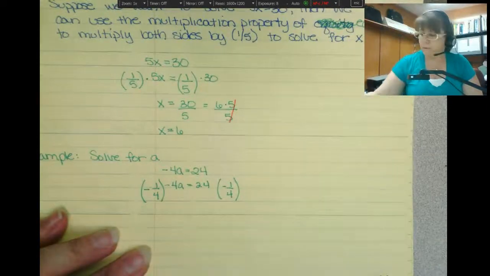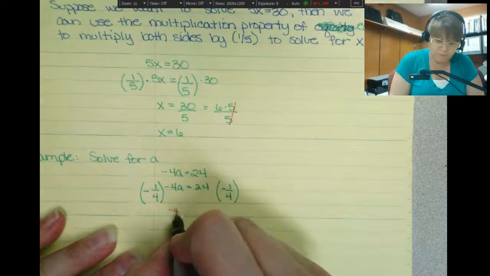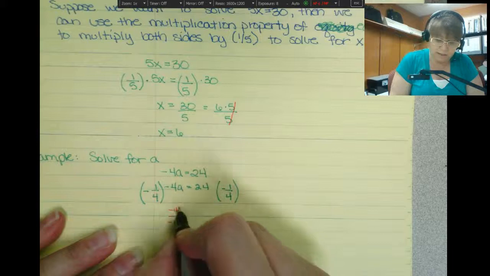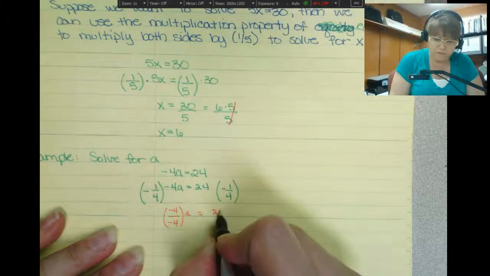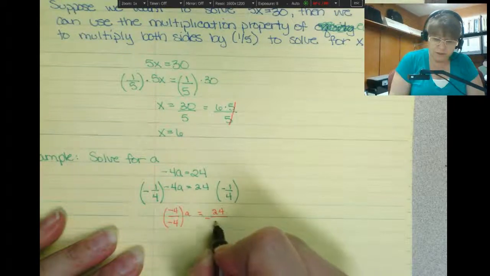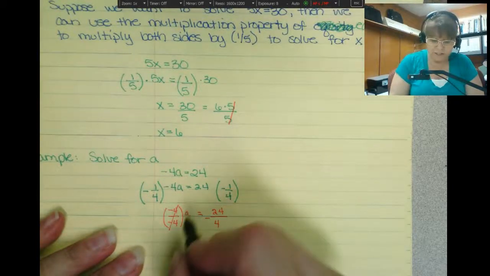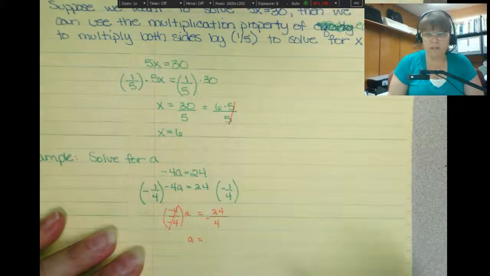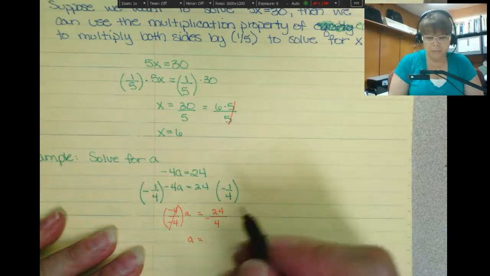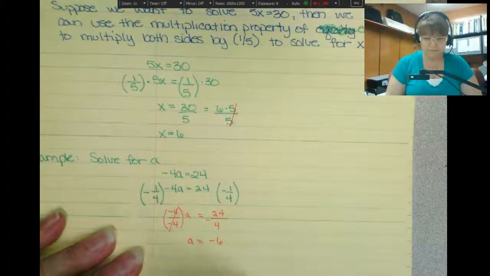So negative 1/4 multiplied by negative 4, and I'm just going to show you this step, equals 24/4. Negative 4 over negative 4 is 1. 4 goes into 24 6 times, but it is negative, so my result is negative 6.